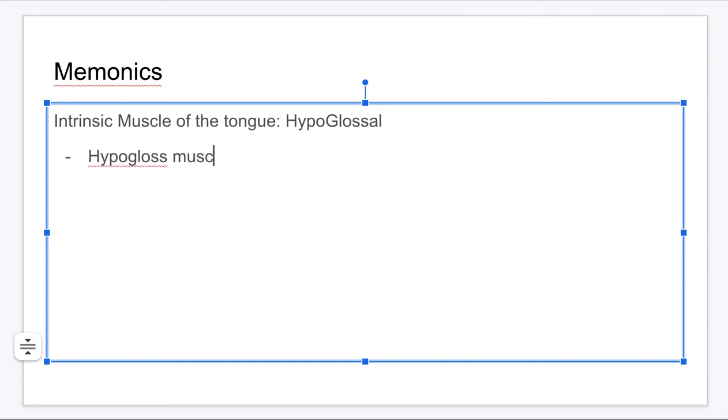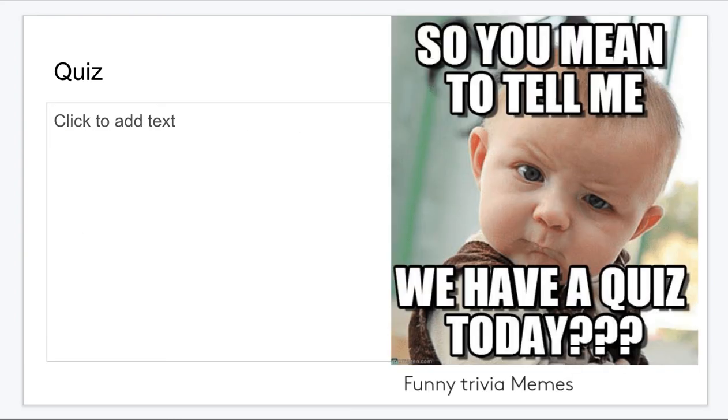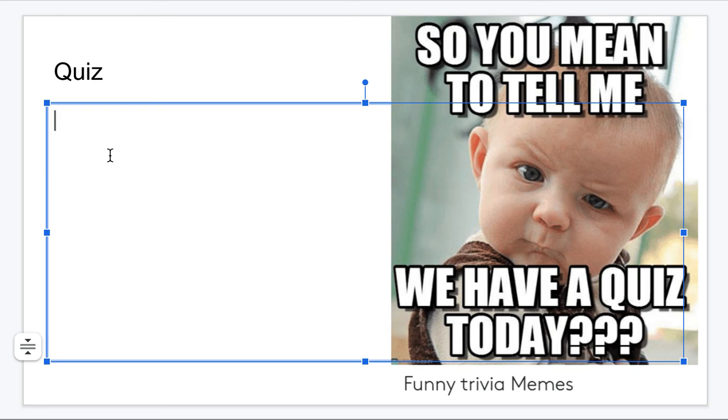Hypoglossus muscle, and then genioglossus muscle, and then styloglossus muscle. So you can see over here the H is going to be repeating, the G is going to be repeating, the S is going to be repeating. Hypo, geno, stylo.